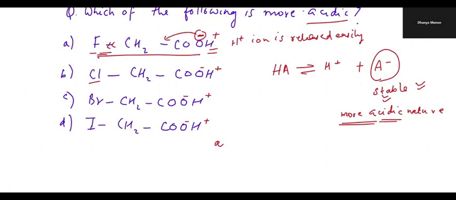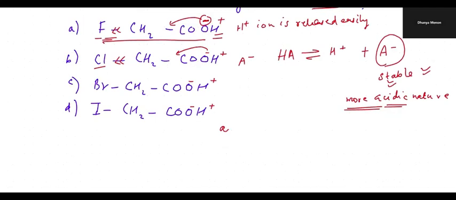Okay. Similarly, chlorine is also electronegative, but less electronegative compared to fluorine. So it will also pull the electron pair and this charge gets distributed. Here also A minus ion is highly stable. So which is the A minus ion over here? This is the A minus ion. Suppose if I take this example, CH2COO minus. This is the A minus ion and H plus.